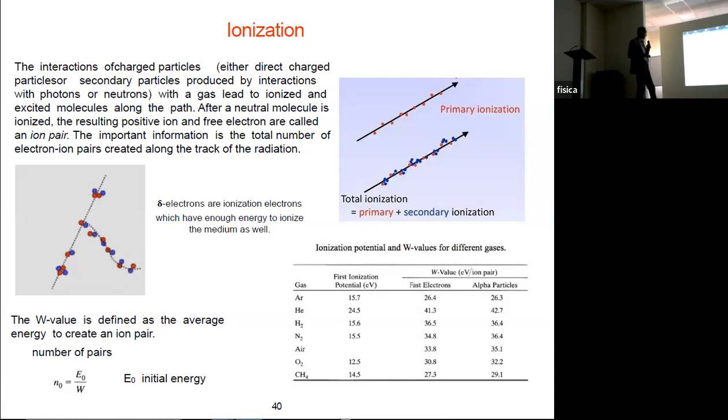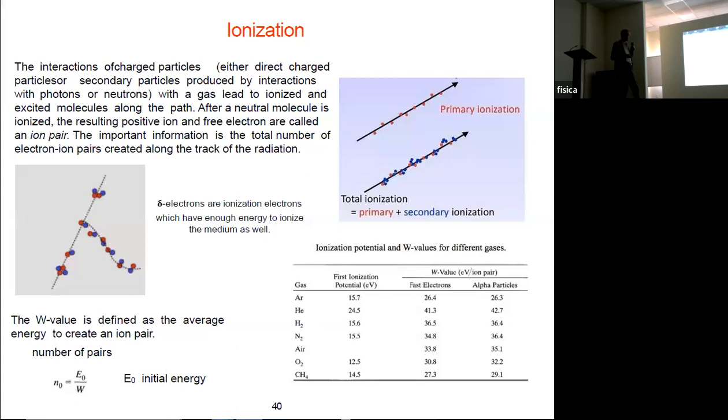And here you can see parameters for different materials, mostly gases. I will give more details in gas-filled detectors, but again, it's mostly argon. Here you can see the W value, measured in electron volts per ion pair, for different materials.